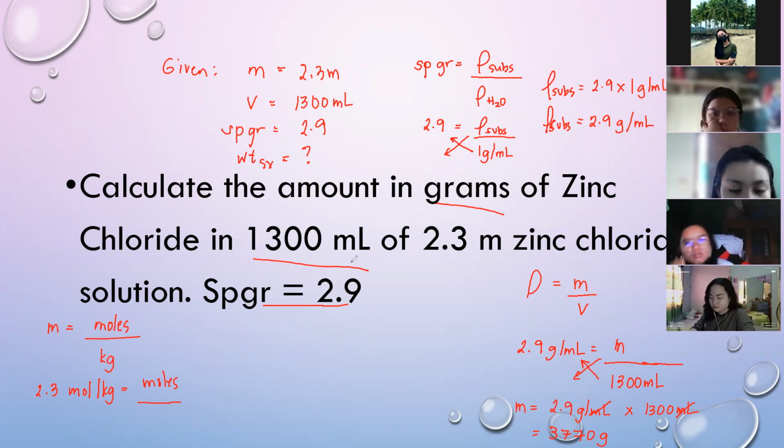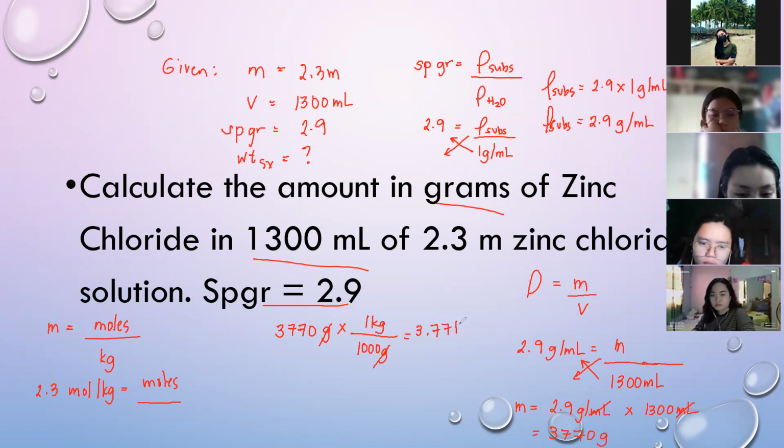Anong gagawin natin here sa mass na na-compute? Ito yung i-convert natin into kilograms. Okay? So 1 kilogram is equal to 1,000 grams. Cancel natin. 3,770 divided by 1,000 is 3.77 kilograms.